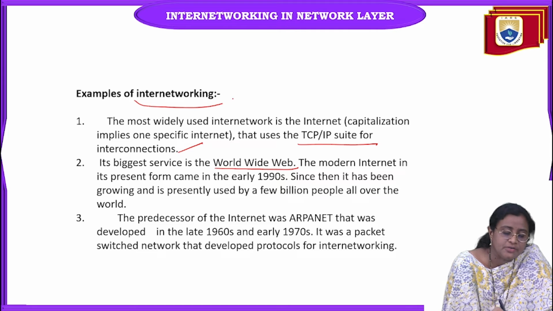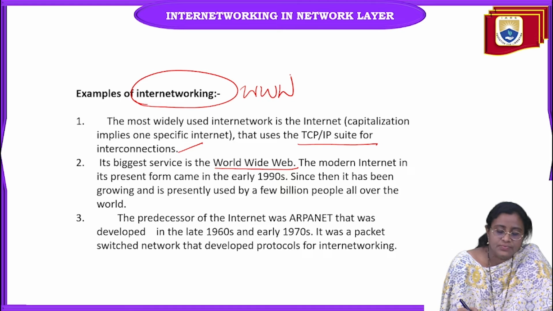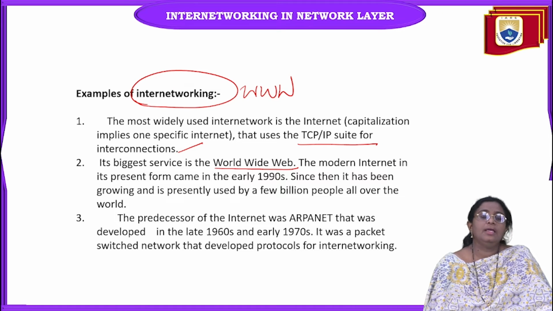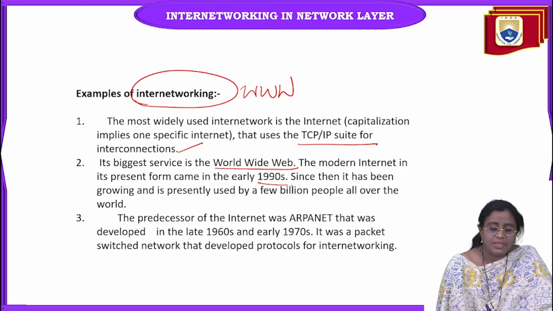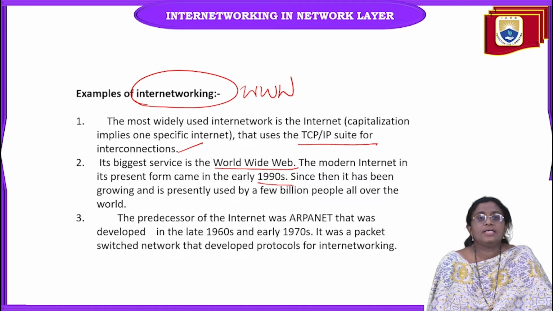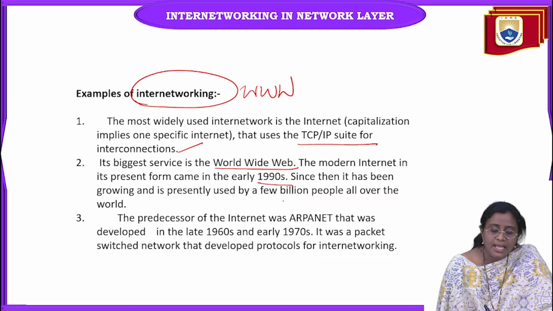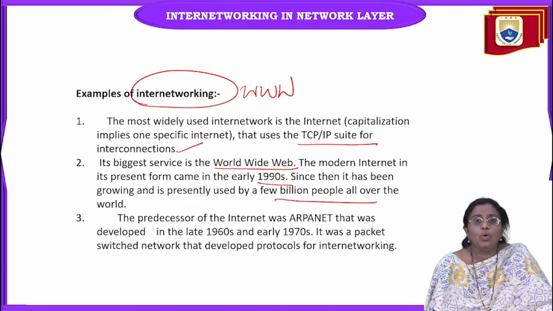One of the examples of internetworking is the World Wide Web, and the modern internet came in the early 1990s. Since then it has been growing, and it is presently used by a few billion people all over the world.